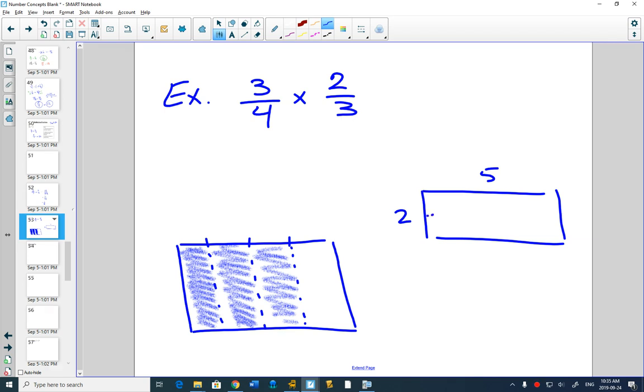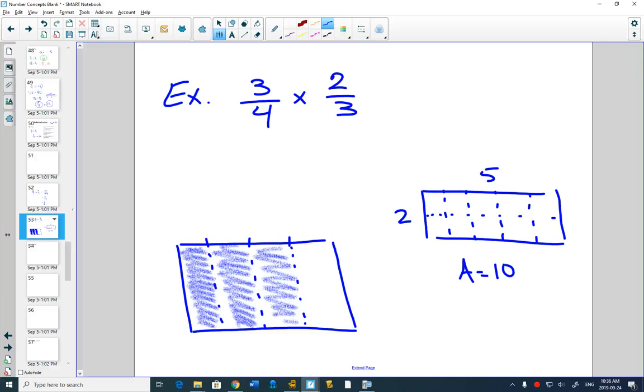And the reason is because this is split into 2, this is split into 5, and I have an area because there's going to be 10 units inside. Now, when you're doing an area, you just have to multiply 2 times 5.